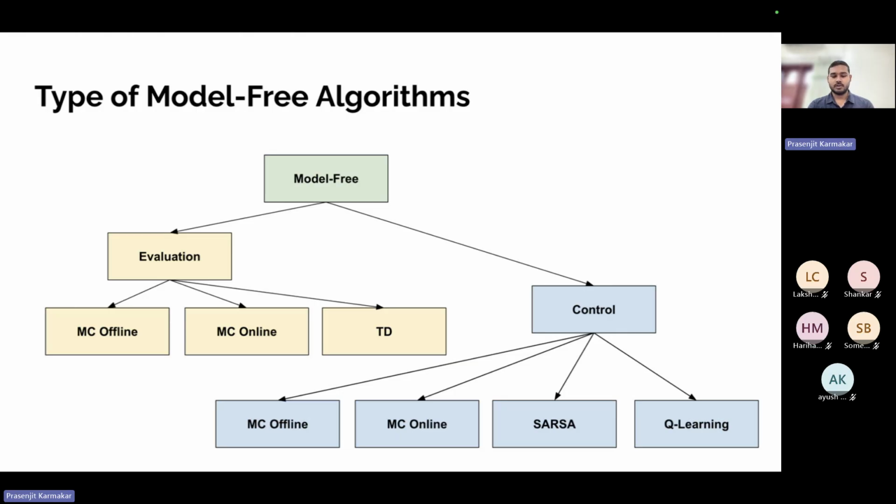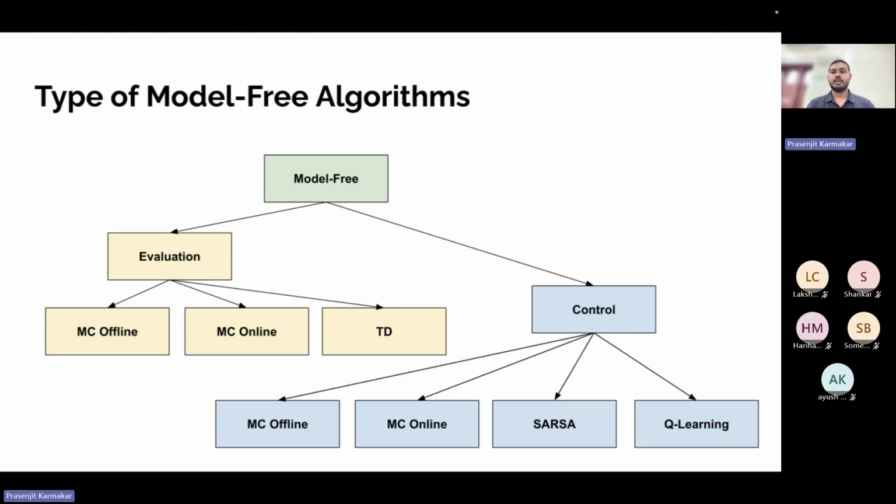In the model based setting also, we have two types of algorithms, right? One is how to evaluate a policy, and the next one is how to get a policy from a value, right? That becomes a control algorithm. Whenever you are trying to evaluate a policy, that's known as an evaluation algorithm.